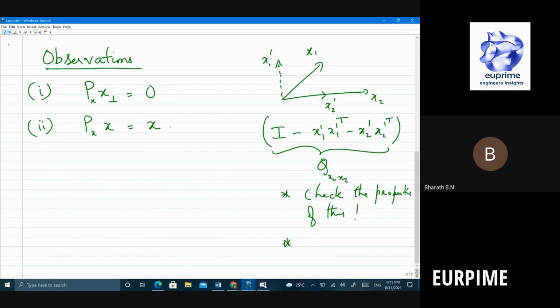The second thing that you are going to do is I want to project it onto the span of x1 x2. So construct such a matrix, p x1 x2, the projection matrix onto the span of x1 x2, okay?